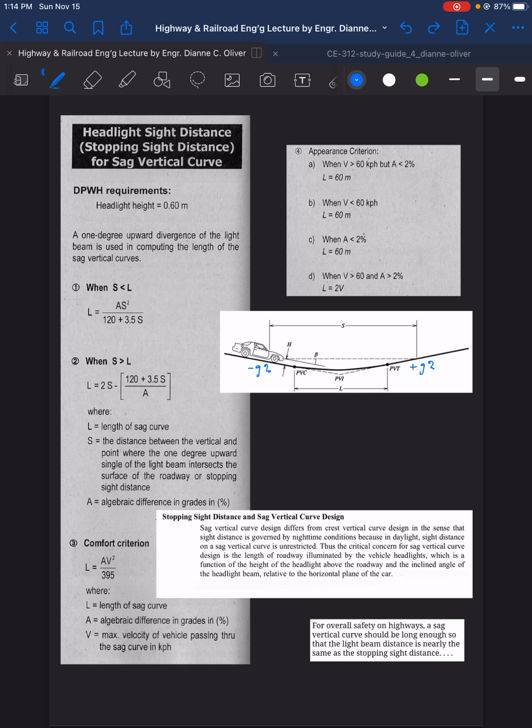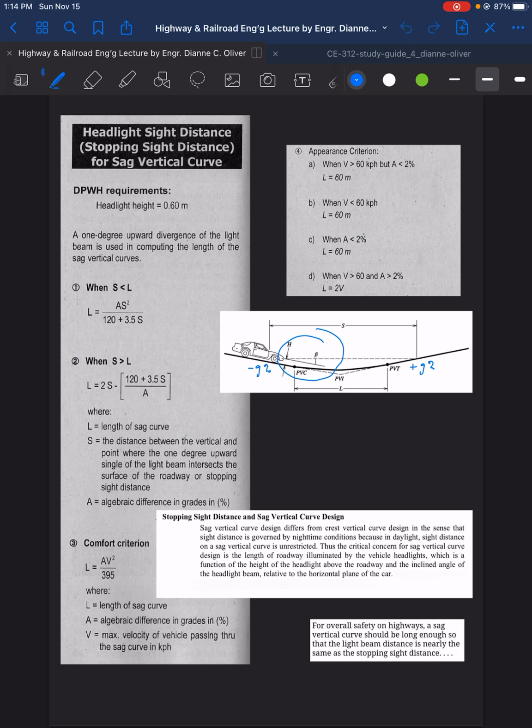Thus, the critical concern for sag vertical curve design is the length of roadway illuminated by the vehicle headlights, which is a function of the height of the headlight above the roadway and the inclined angle of the headlight beam relative to the horizontal plane of the car. So this is the height of the headlight above the roadway, and here is the inclined angle of the headlight beam relative to the horizontal plane of the car.